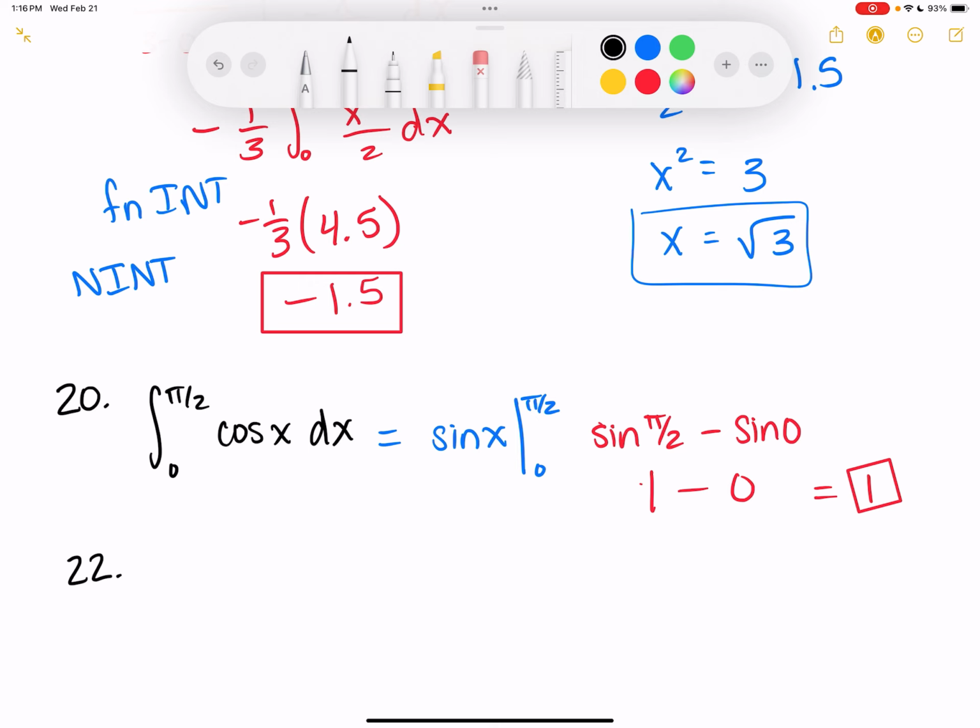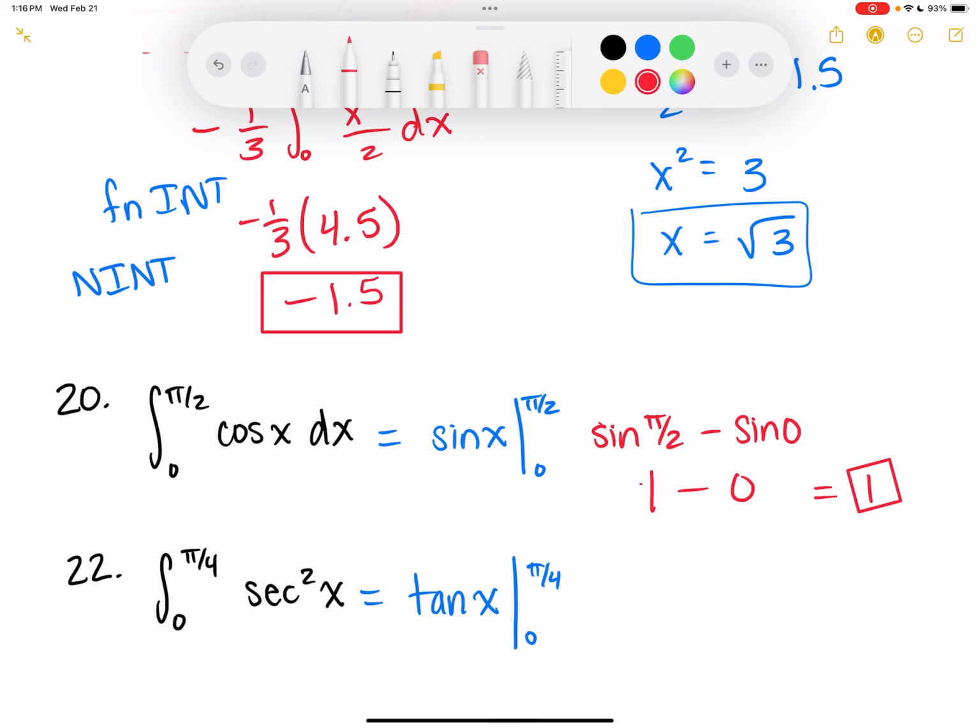Okay. 22. The integral from 0 to pi over 4 of the secant squared of x. So I need the antiderivative of secant squared. Tangent of x. Evaluated from 0 to pi over 4.